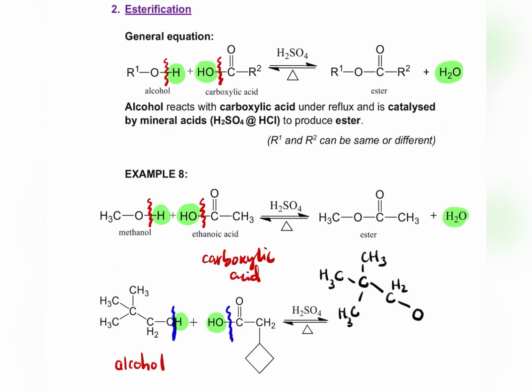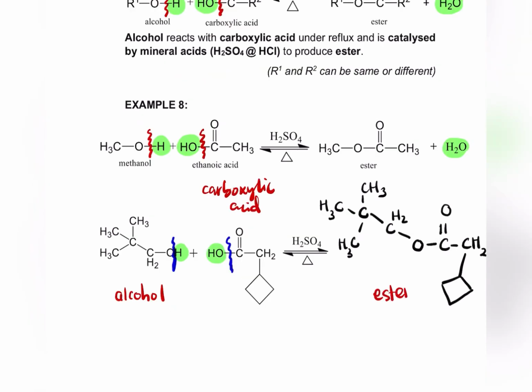So I'm going to straightaway draw C double bond O, and then this one attached to CH2, and this carbon attached to the cyclic ring. So this is the structure for my ester. And don't forget the last one, my side product is plus H2O. And this H2O is coming from the combination of hydrogen and OH. So this is how you want to draw the structure for ester based on this example.